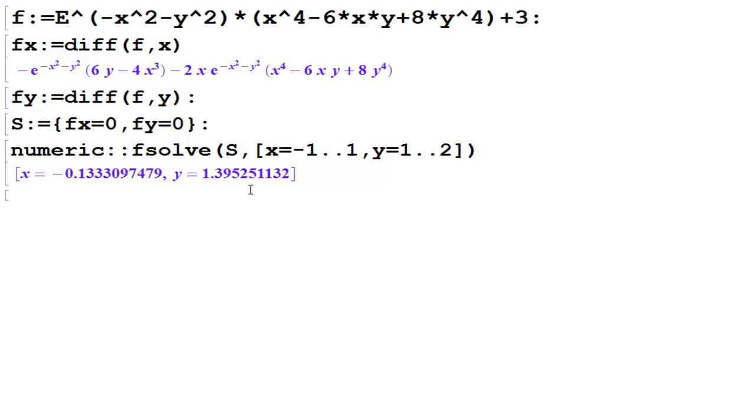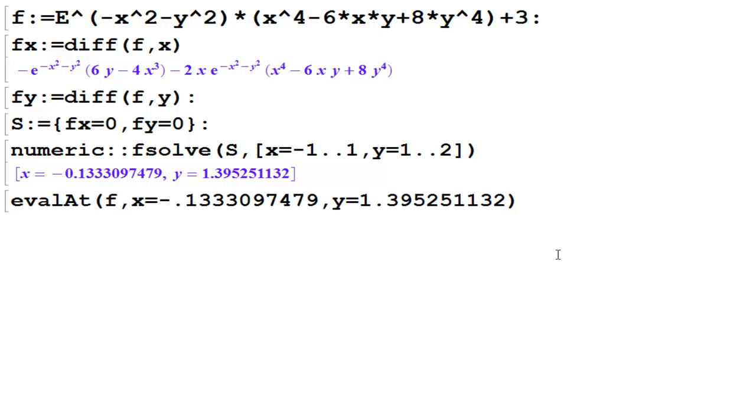All right. Next, to find an approximate value of the function at this point, we can use the evalAt feature. Once we press enter, we get an approximation of the value of the function at this point.